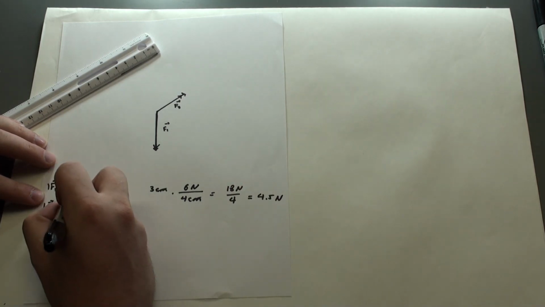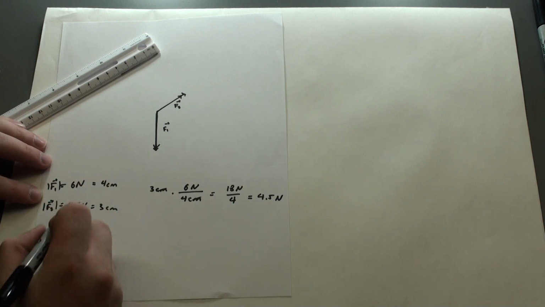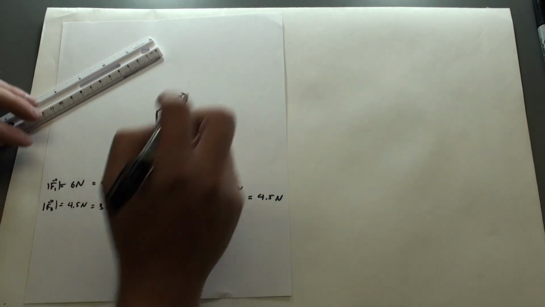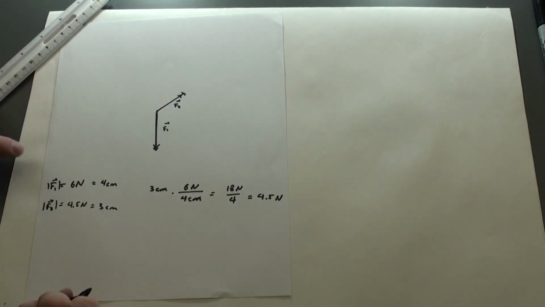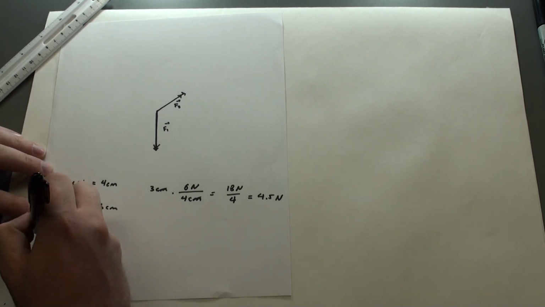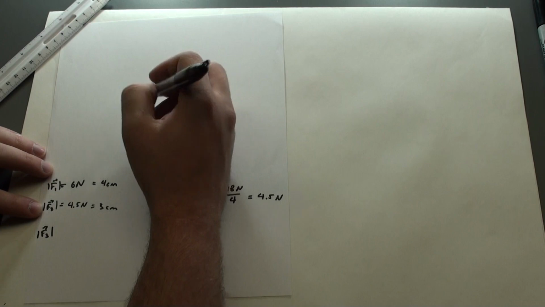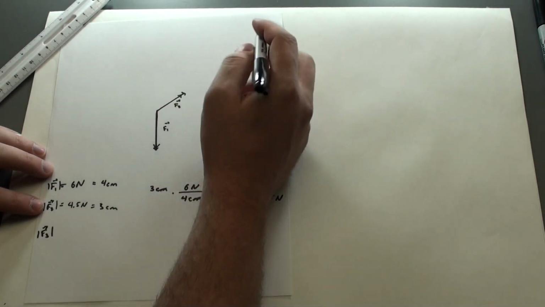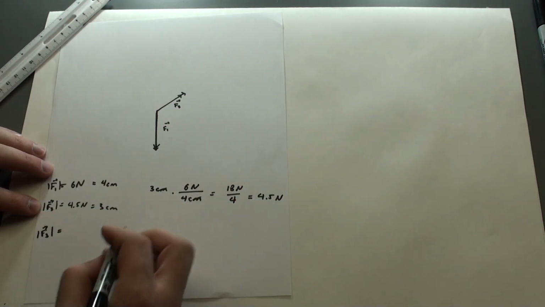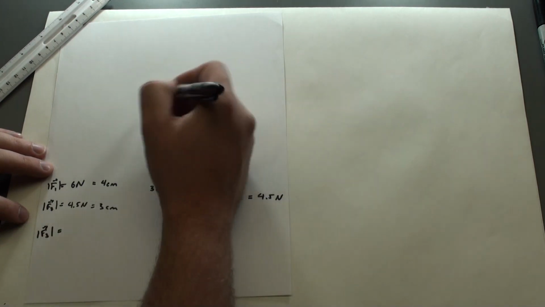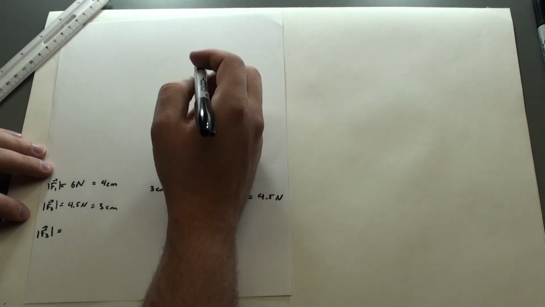Okay, so we've gone and figured out what that is. So we have 4.5 newtons for this line here. Now, if we wanted to figure out a third force that would add up to 0 for all of these, then we would just have to do a vector addition and pretty much do what we did to figure out what the force acting at force 2 was.